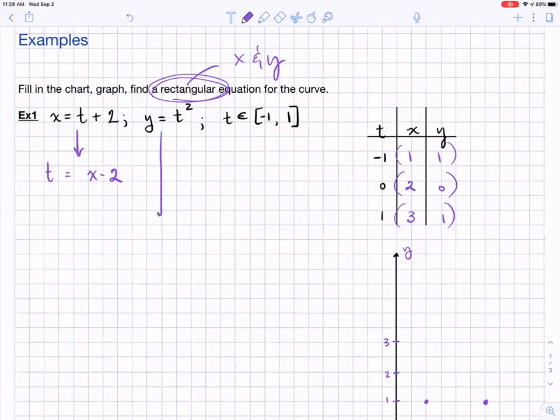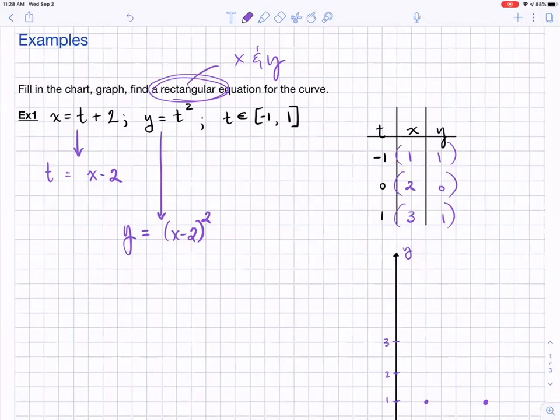Let's take the other parametric equation, and we'll have y equals, okay, what's my t now? It's x minus 2. So there's my t, and what am I supposed to do with the t according to that original parametric equation? Square it. Oh, okay, so I've done 2 things. First thing is that I got my rectangular equation. Okay, that's what the directions said to do.